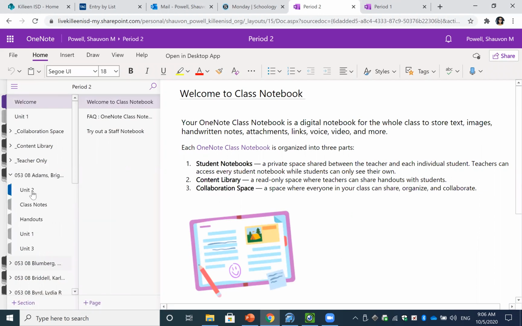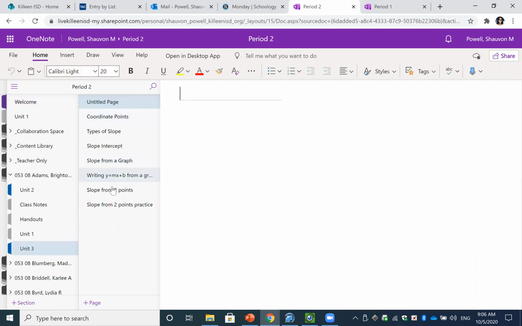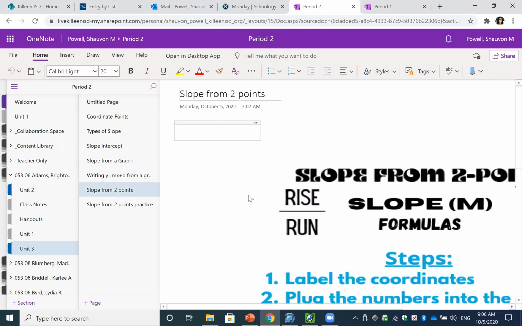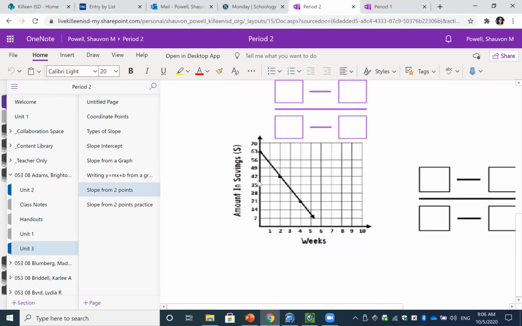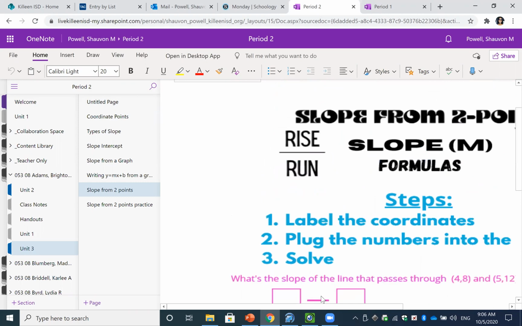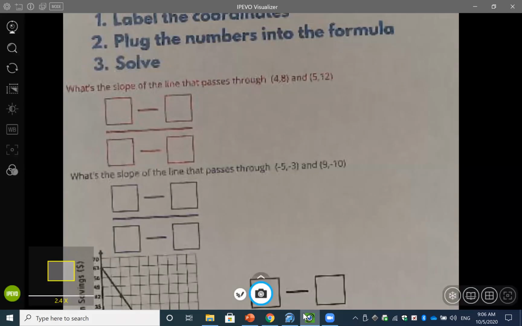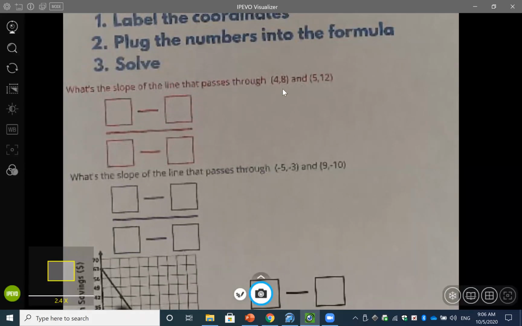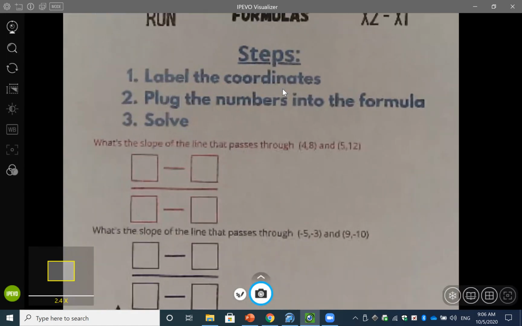You're gonna click on your name, go to unit 3. And the notes is going to be slope from 2 points. So when you open it, it should look like this. I am going to pull up a paper copy, but that's what you're gonna use. Okay. So this is the same page that's in front of you.